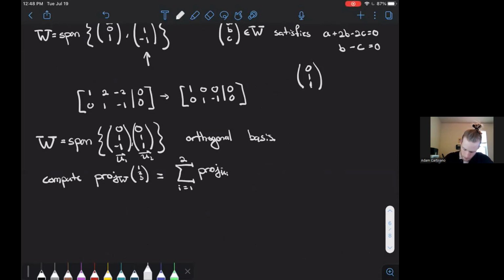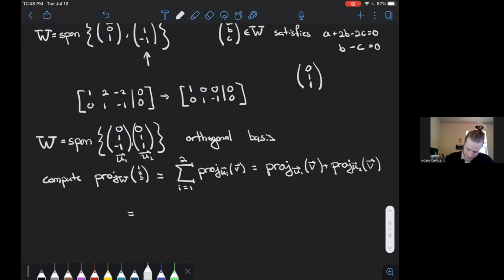I'm just going to write it out without the big sigma: proj U1 of V plus proj U2 of V. We have formulas for each of those.